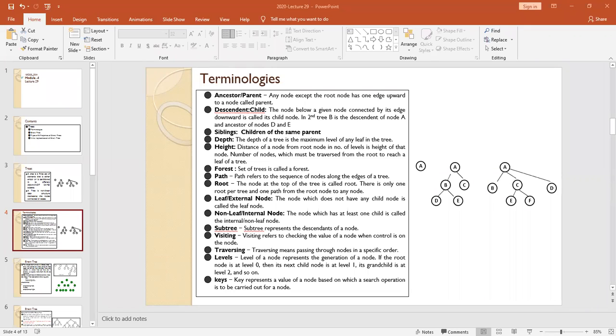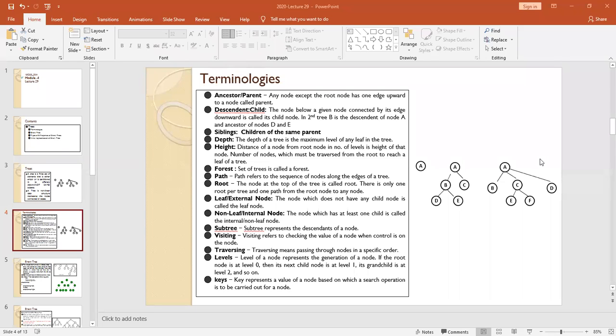No. Okay, then what is it? Yes, a tree is a non-linear data structure.